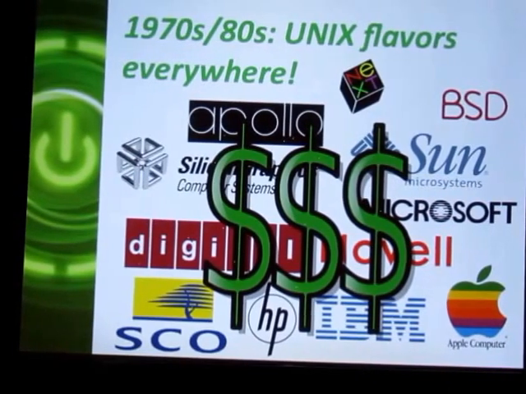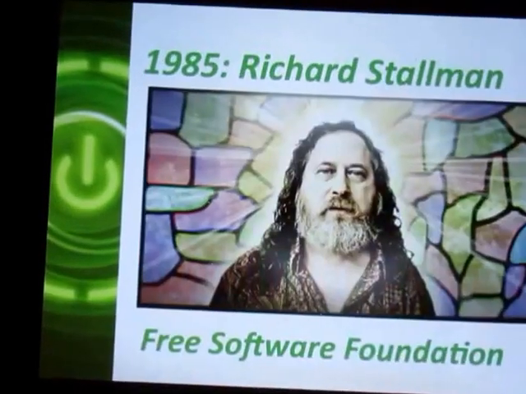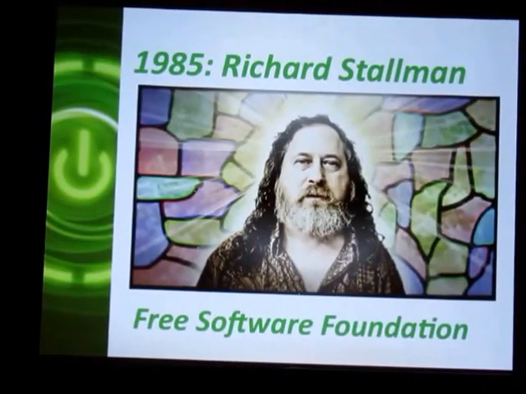And it bothered one very important person, our Lord and Savior, Richard Stallman, right? He was working for the artificial intelligence labs at MIT, and he quit. He quit a job, and he said, you know what? I'm just going to make free software. I'm going to encourage people to make free software because I hate this Unix stuff, right?